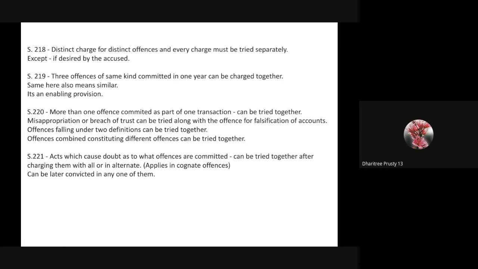220 says that if more than one offense is committed as part of one transaction, then they can be tried together.